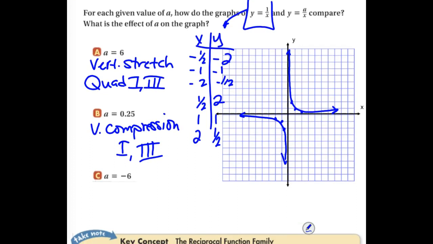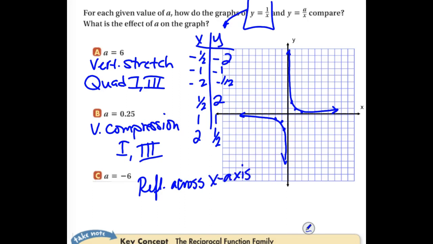If a is -6, what happens? What kind of transformations have we done? It reflects across our x-axis.